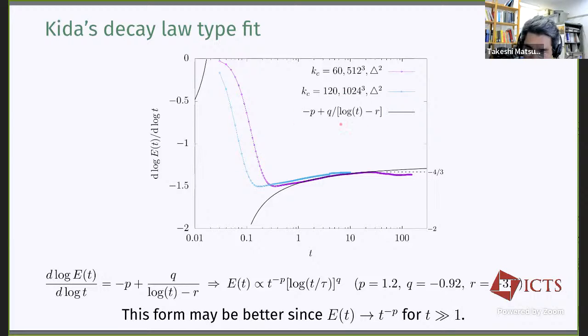The energy varies in this functional form, so this is a form of Kida's decay law, and the parameters are now P, Q, and tau. If I take the logarithmic local slope of this equation, we'll have this one. I fit the data with this functional form, and we obtain parameter values like P equals 1.2, Q equals minus 0.92, and R is minus 3.3.